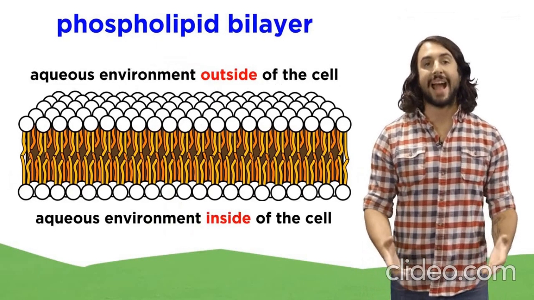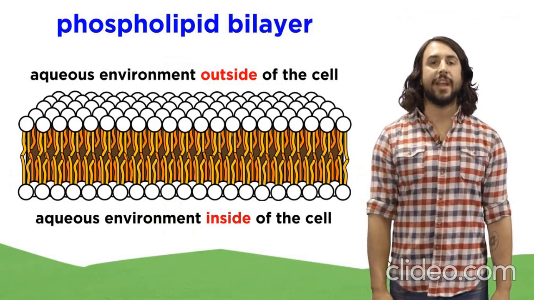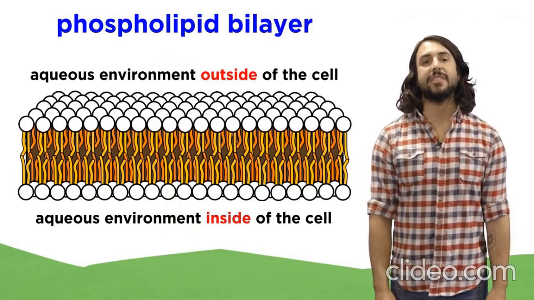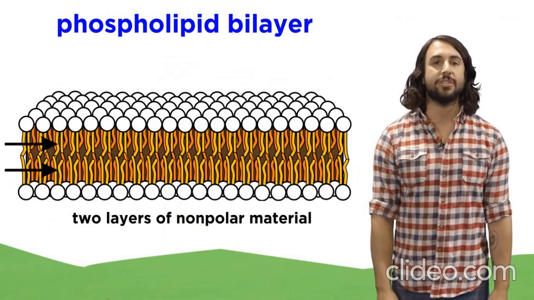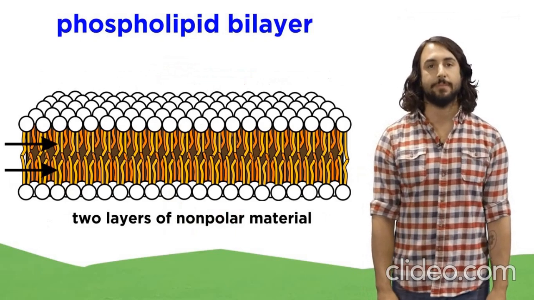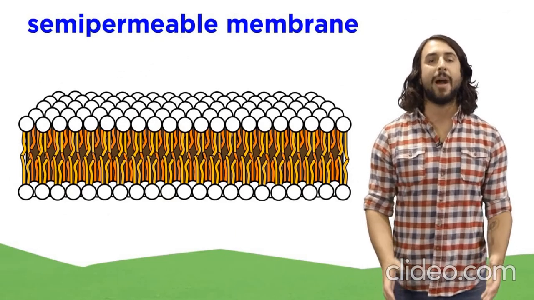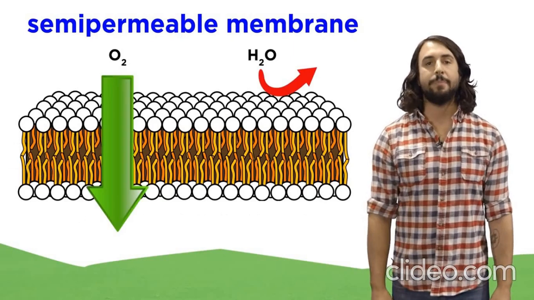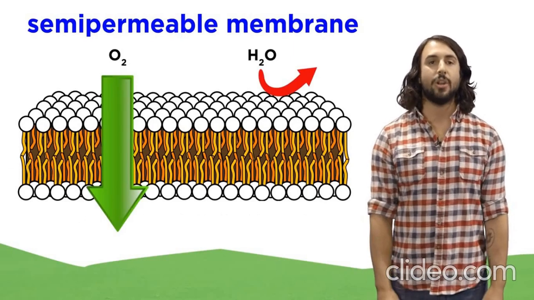One layer faces outwards to the aqueous environment outside of the cell, and the other layer faces inwards to the aqueous environment inside the cell. That means there are two layers of nonpolar material in between. This is part of what makes this membrane semi-permeable. Some compounds are able to traverse this nonpolar section, and others are not.